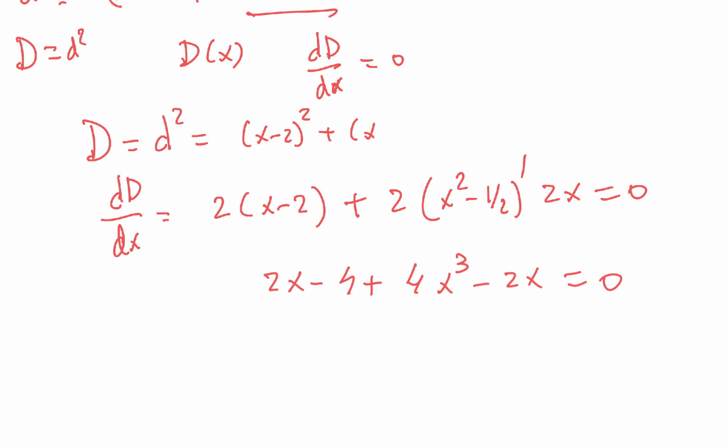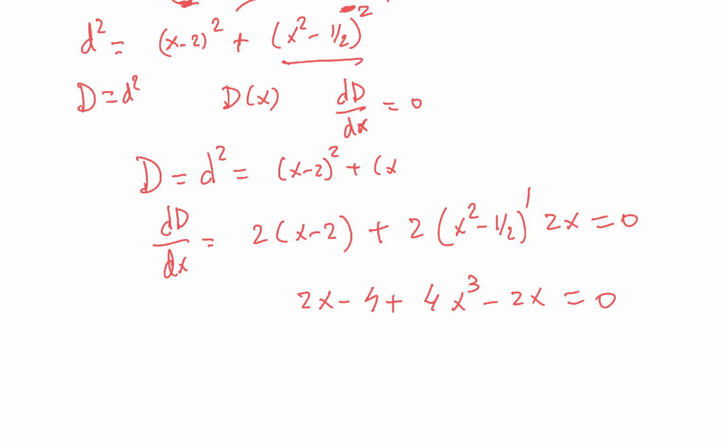Here it is x squared minus 1/2, not squared. 2 times x squared minus 1/2 multiplied by 2x, perfect, is 2x minus 4, plus 4x cubed, minus 2x.